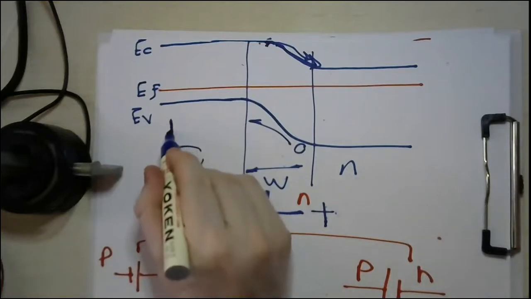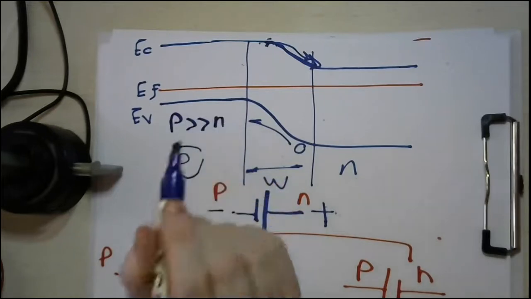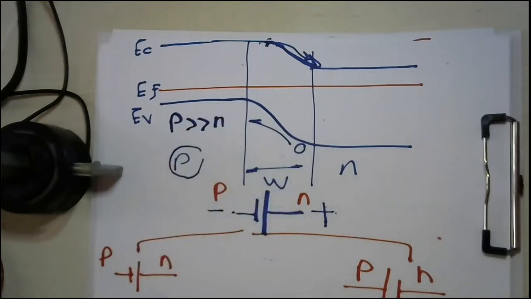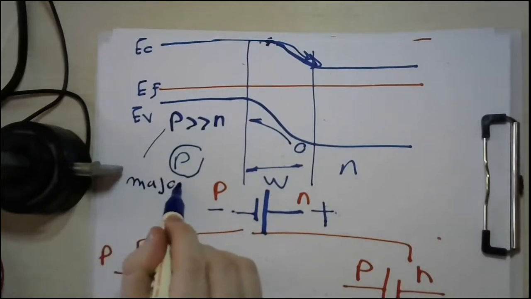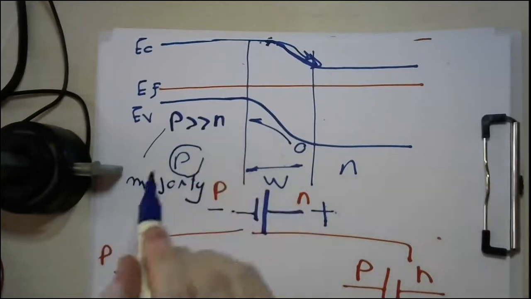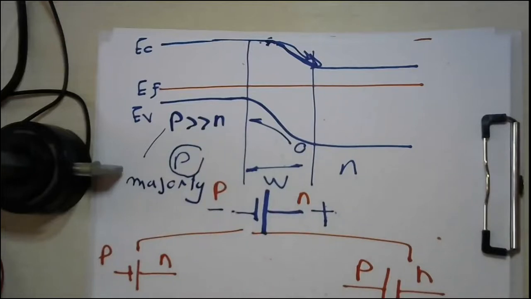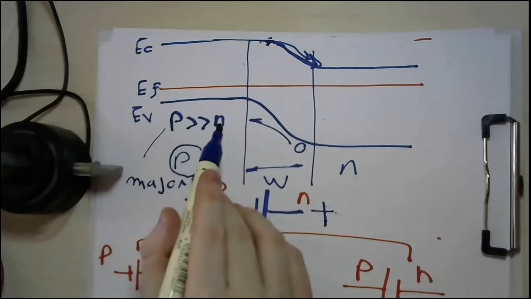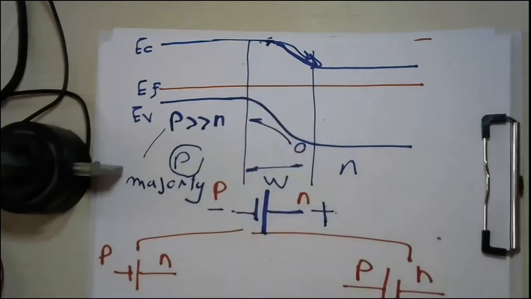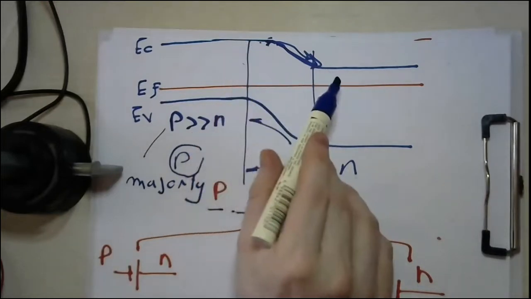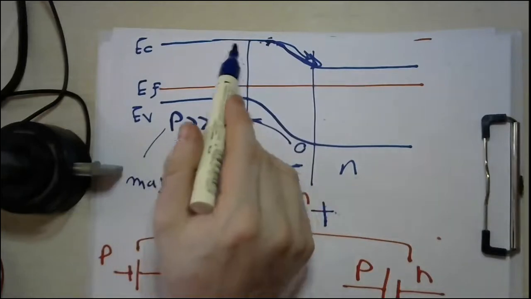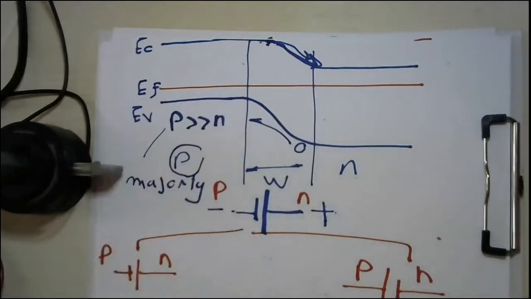So P is much greater than N. If you remember from part number 1 and part number 2, I told you that here we call this P the majority carrier, and this N the minority carrier. So the majority is holes, the minority is electrons. So only very few electrons are going to move from here to there. This is simply because the stock of electrons in the left-hand side is very limited.